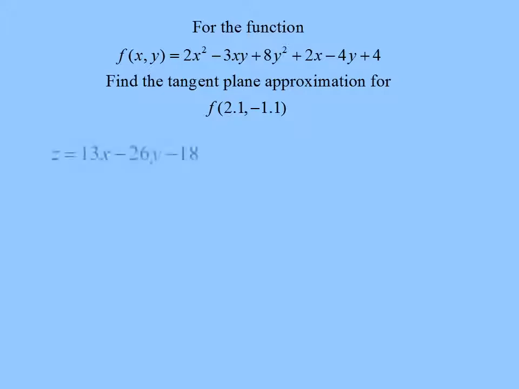We simply take our equation of our tangent plane, plug in the x and the y, and evaluate it. And so that is our linear approximation for f of 2.1 and -1.1. And again, we could have plugged 2.1 and -1.1 into the equation of the surface. It just would have taken longer.